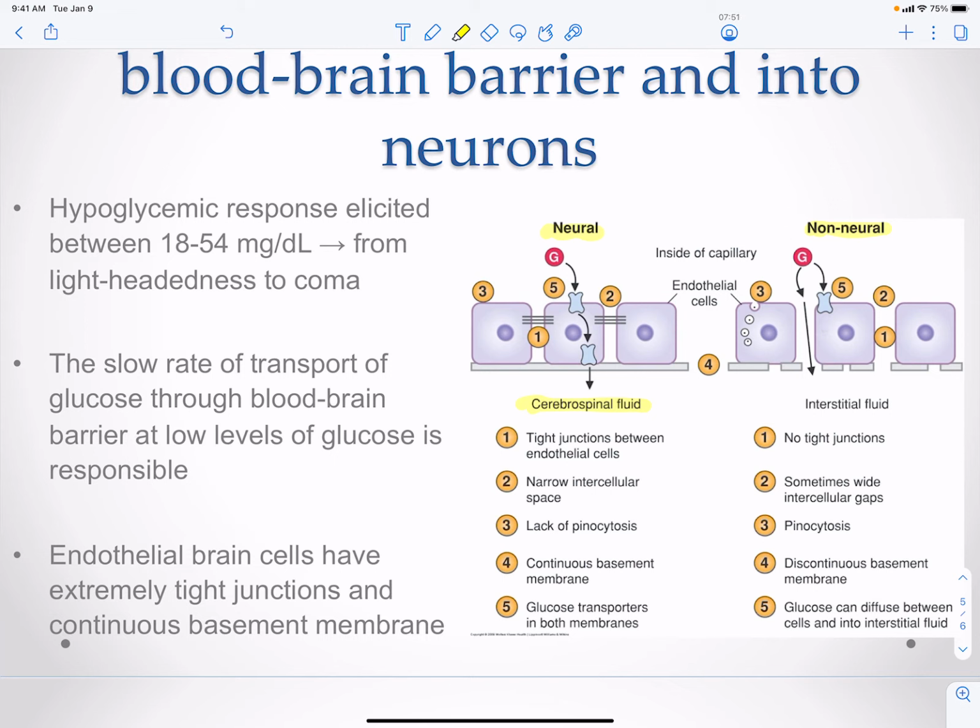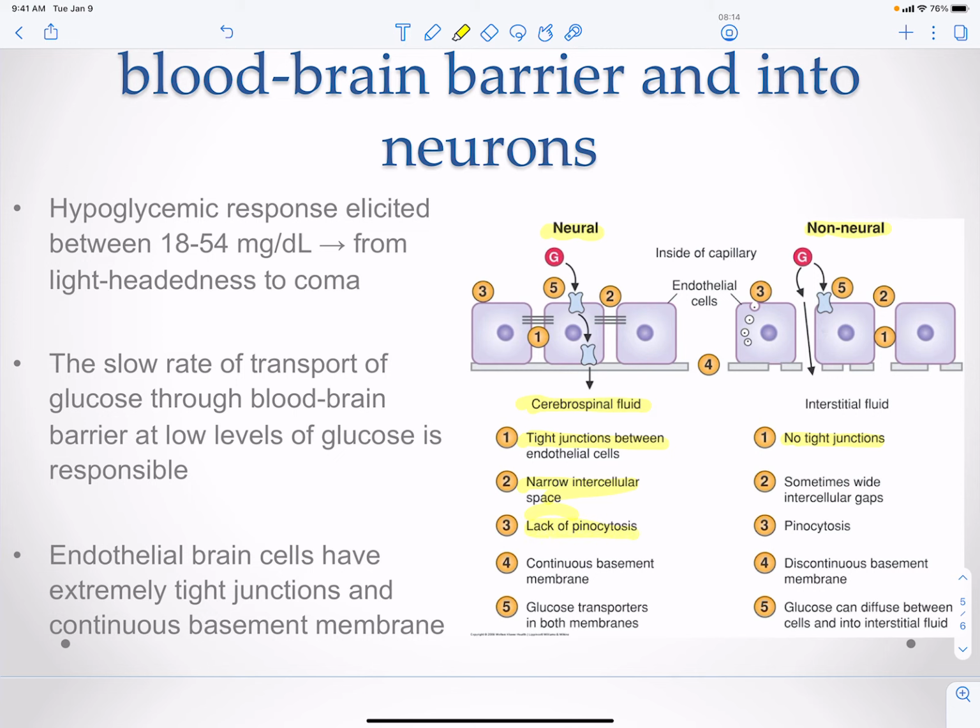Some of the things about the basement membrane associated with the cerebral spinal fluid is it's going to have tight junctions. In your non-neural tissue, they do not have tight junctions, so things can diffuse through, including glucose. The other thing they have is a narrow intercellular space, and they lack pinocytosis.